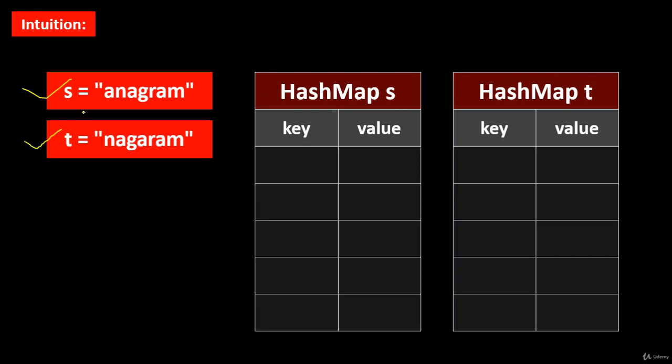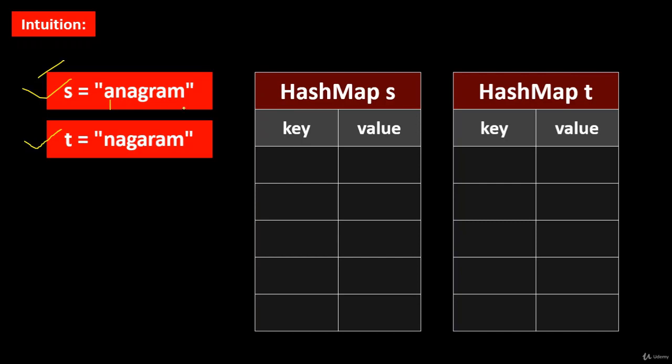Now we're going to traverse the string from left to right, and we're going to construct the hash map. As key we will store the character, and as value we will store the number of appearances of a specific character in a given string.